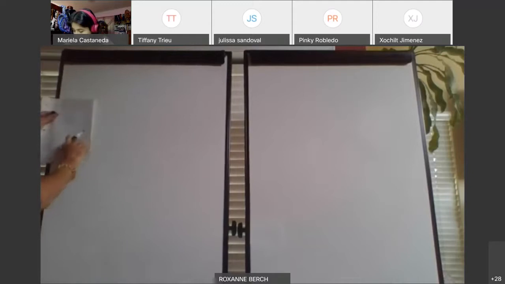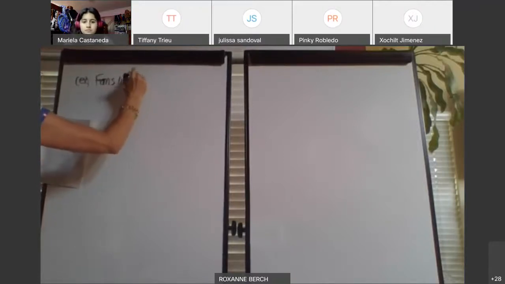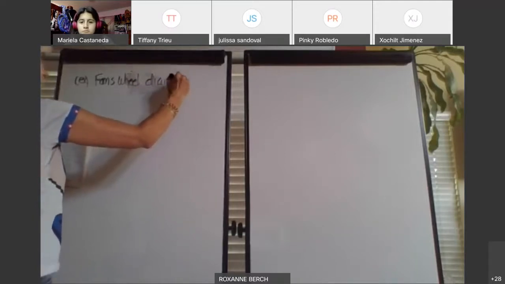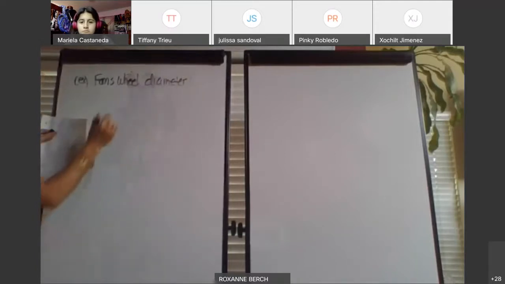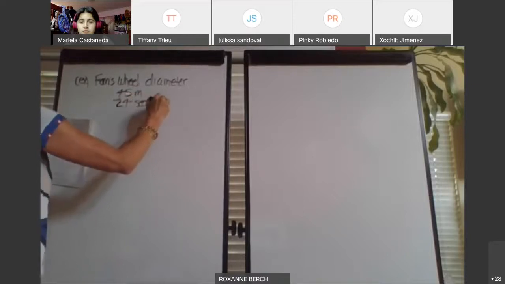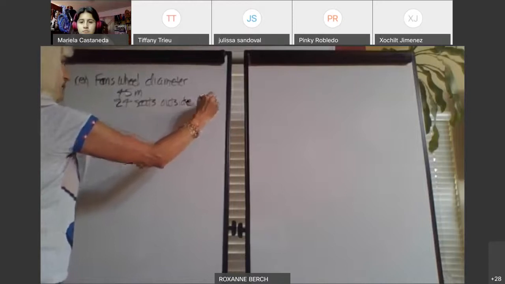All right, so if you wrote down the information, the Ferris wheel diameter is 45 meters and there's 24 seats outside the wheel.